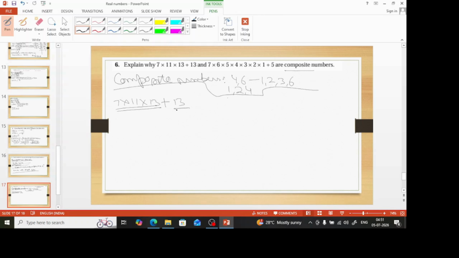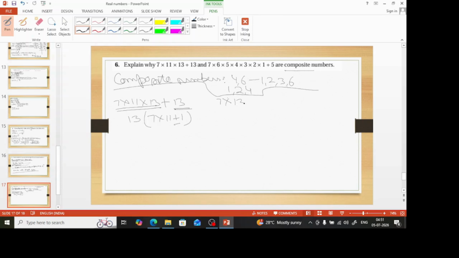This is one part, this is the other part. 13 is available in both of them. We will take 13 as common. Now we will get 7 into 11 plus 1. I will tell you how to take common also. Let us see how to take common.